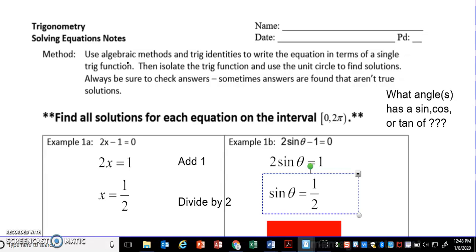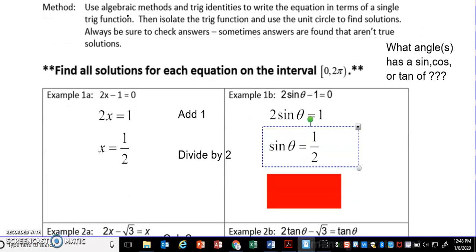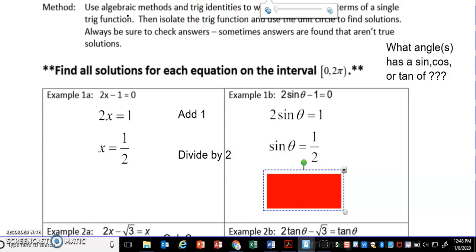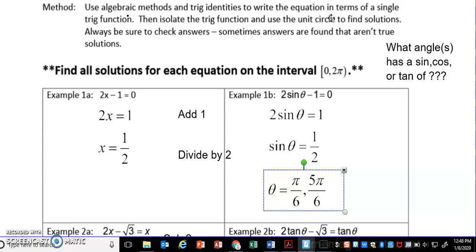So that when we solve for theta, we're going to look at what angles has a sine of 1/2. So that's bringing into play our arc sine or inverse sine. So we should have an answer of pi over 6 and 5 pi over 6.